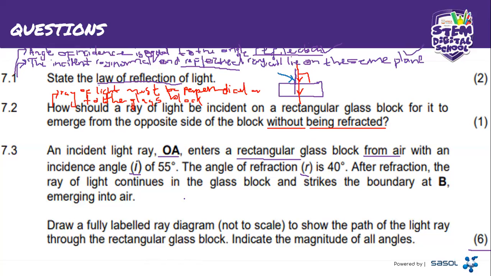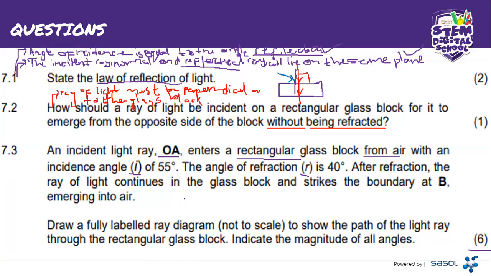Now, a quick reminder. We know the angle of incidence is the angle between the normal as well as the incident ray. And the angle of refraction is the angle between the refracted ray as well as the normal. So when we go and do this diagram, we must already know where we place the angle of incidence and where we place the angle of refraction.